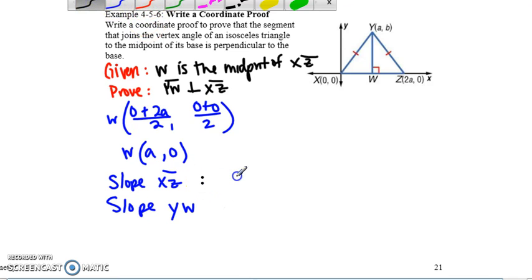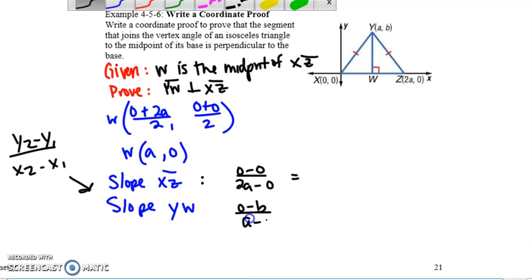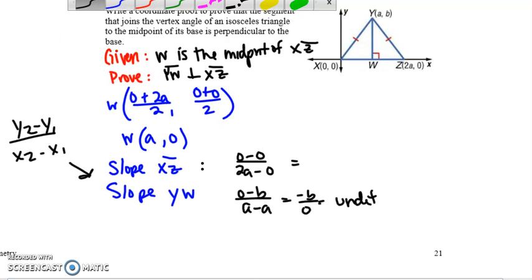So for slope of XZ, it's 0 minus 0 over 2a minus 0. So again, our slope formula, y2 minus y1 over x2 minus x1. So we're just using our slope formula here. So 0 minus b over a minus a. Negative b over 0, well, that's undefined. And then this one over here is going to be 0 over 2a, which is 0.